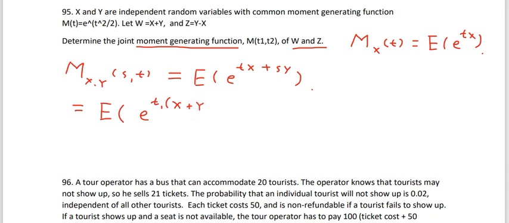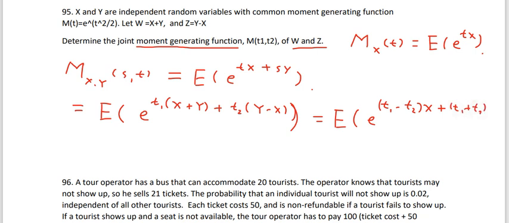X plus Y. And Z is Y minus X. So we put them together: this equals E of e to the x(t1 minus t2) plus y(t1 plus t2). Since X and Y are independent, this equals E of e to the (t1 minus t2)x multiplied by E of e to the (t1 plus t2)y.